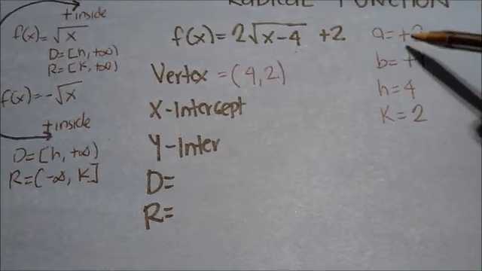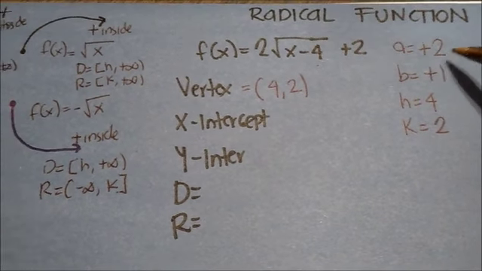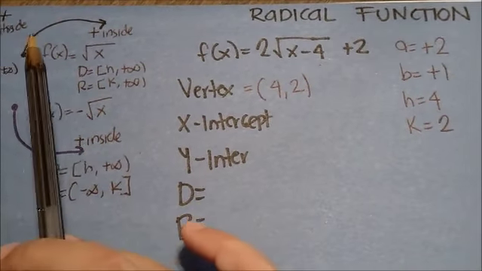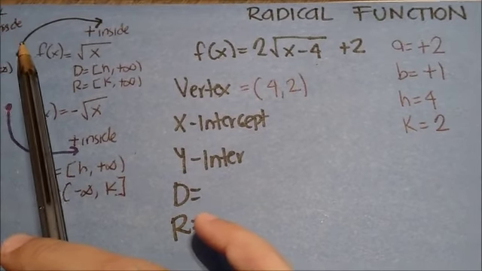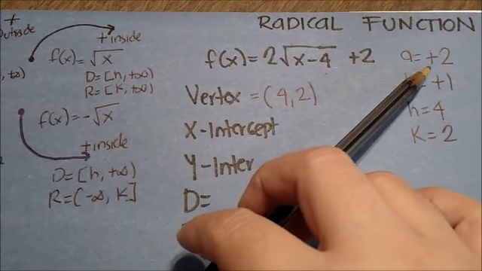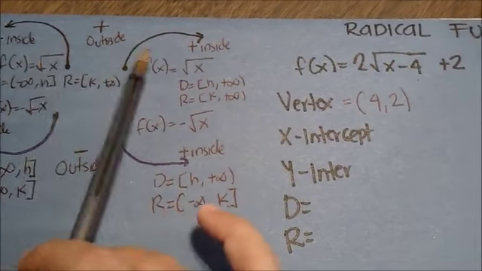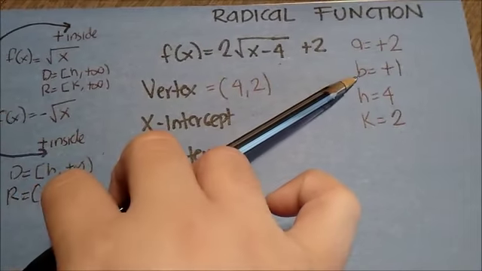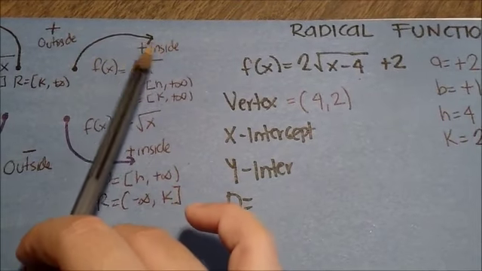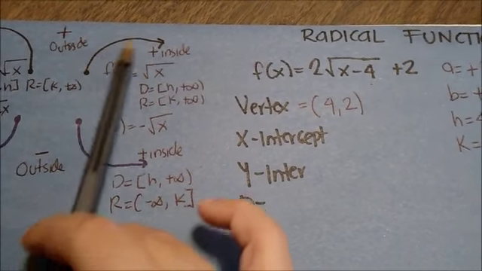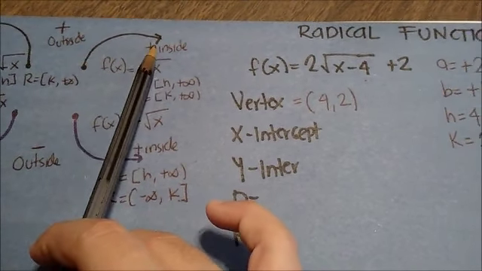And with my a and b, I need to check what the shape of my graph is going to be. I have positive outside, so it's going to be one of these two, and positive inside, so it's this one. This is going to be the shape of my function.